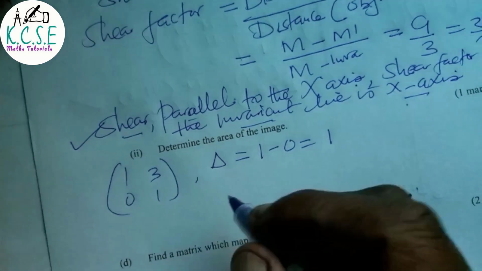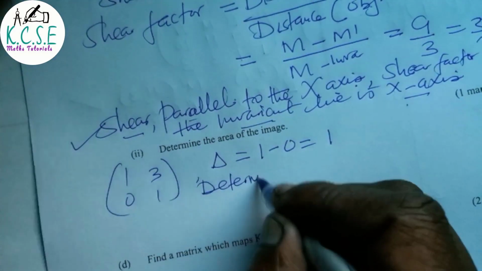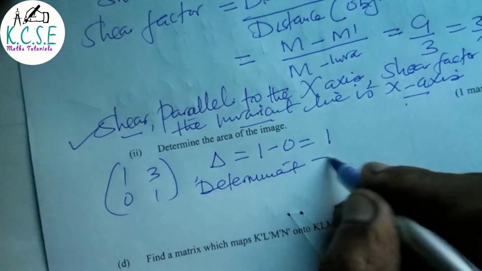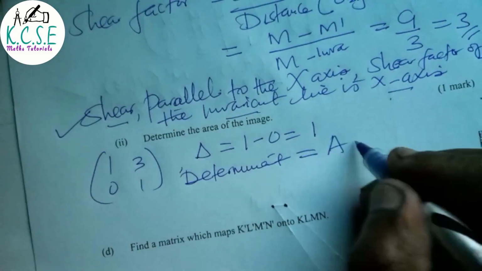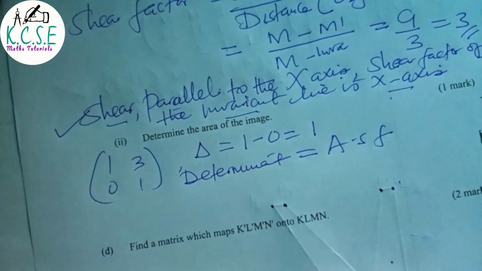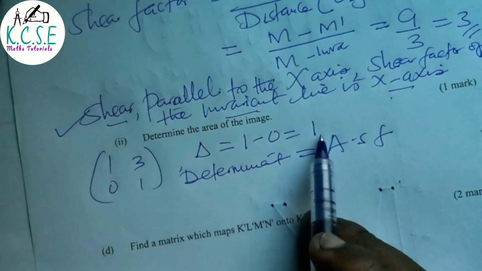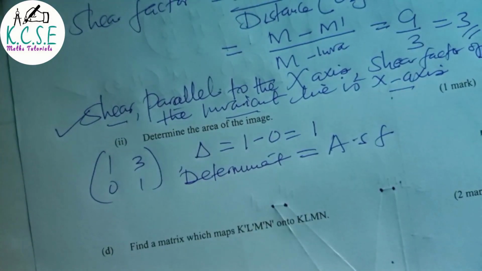And remember, the determinant is equivalent to the area scale factor. And since the determinant is 1, that means the area of the object and the image does not change.